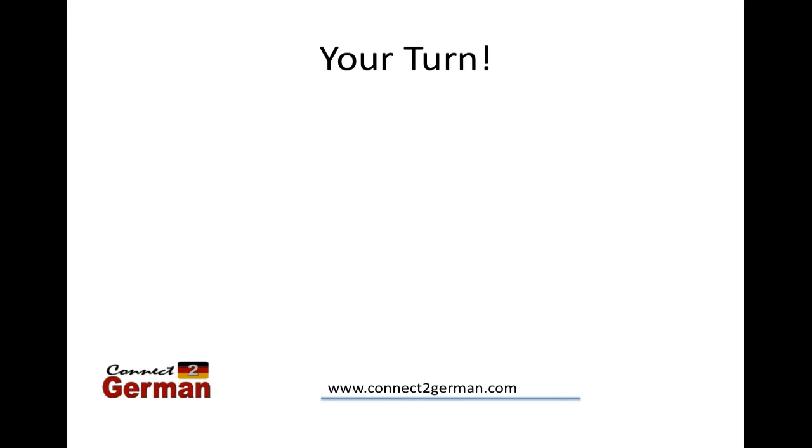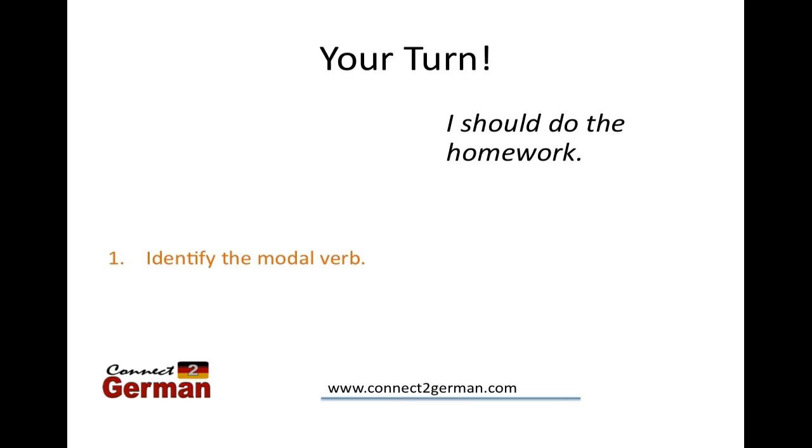Now it's your turn. I'm going to give you an English sentence, and I want you to work out how to say it in German. I should do the homework. First thing we want to do is identify the modal. The modal in English is should. So we need to identify what that modal is going to be in German.